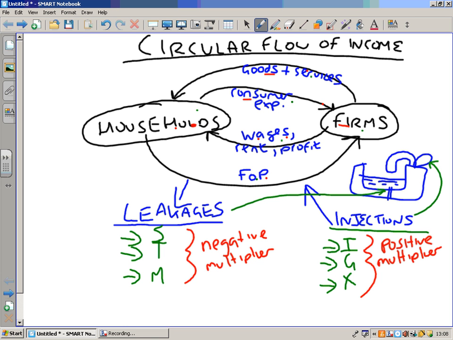This in turn will result in businesses needing to produce less. They will therefore demand less factors of production, give lower wages to households, which results in even lower consumer expenditure in the future. So you can see that's creating a negative multiplier effect. The original leakage, maybe let's say £100 of savings, might lead to the circular flow shrinking by £200 or £300.